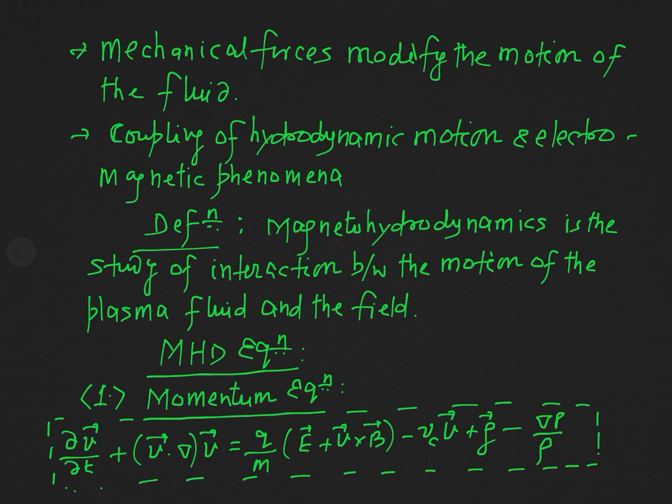As a definition, magnetohydrodynamics is the study of interaction between the motion of plasma fluid and the field. This is a coupling or interaction of the motion of plasma fluid and the magnetic field, or simply the field, as there may be an electric field too.